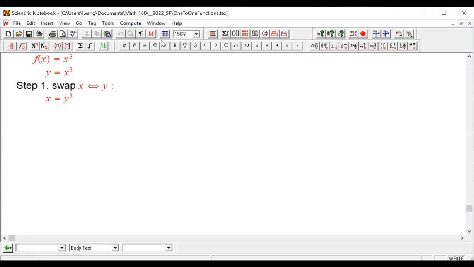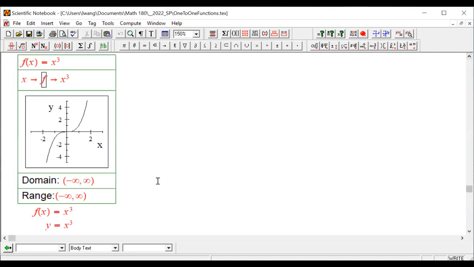This step is not just the swap of 2 symbols. X used to be the input and y was the output. Now with the swap, x was from the domain and y is from the range. The swap will cause the domain and range to be swapped as well.